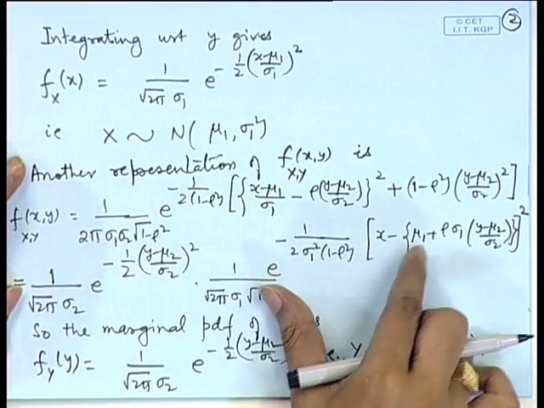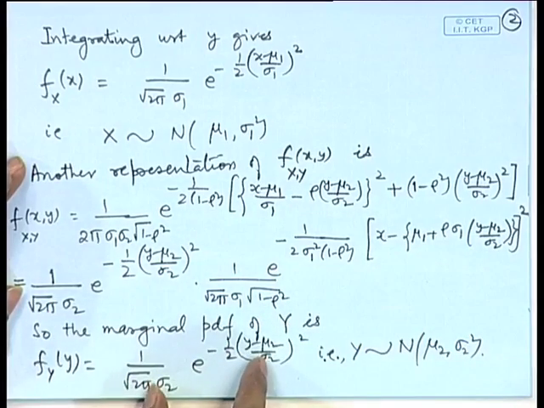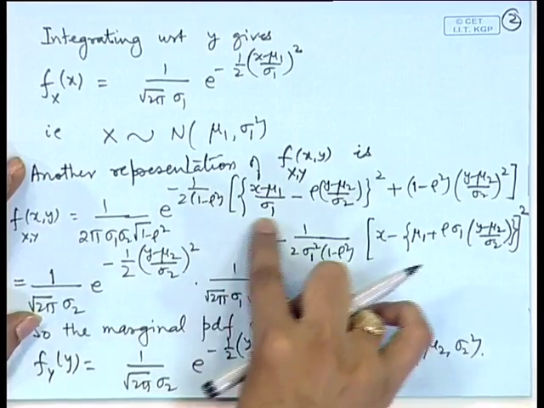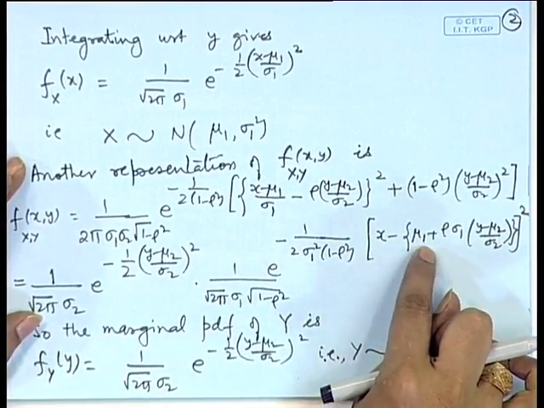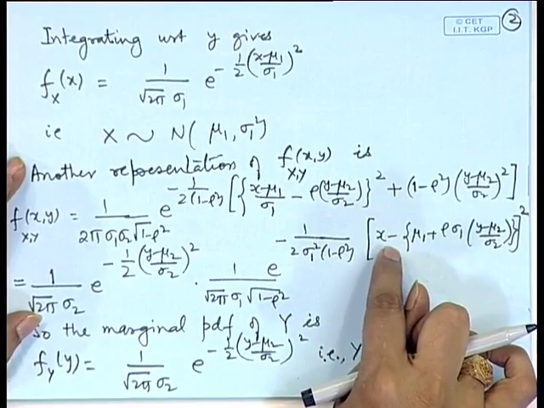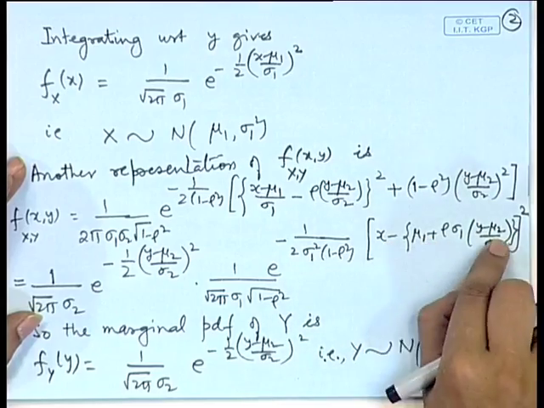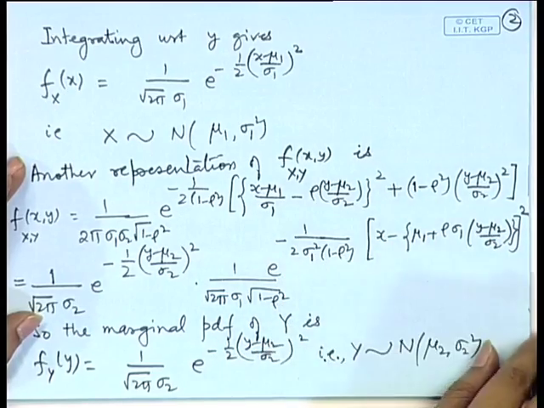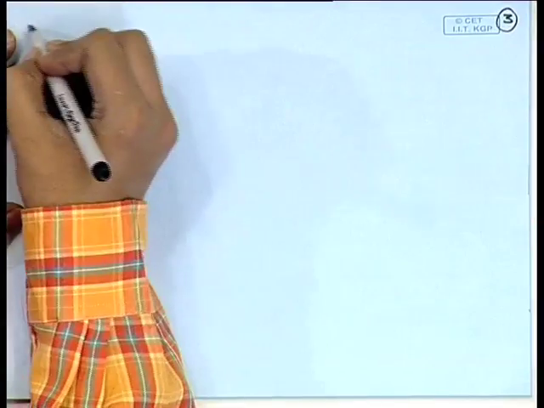Now, from this breakup we can see that if we divide the joint distribution by the marginal of y, this term gets cancelled out and we are left with this particular term, which is nothing but a normal distribution. This proves that the conditional distribution of x given y is normal, and the mean and the variance are specified here.